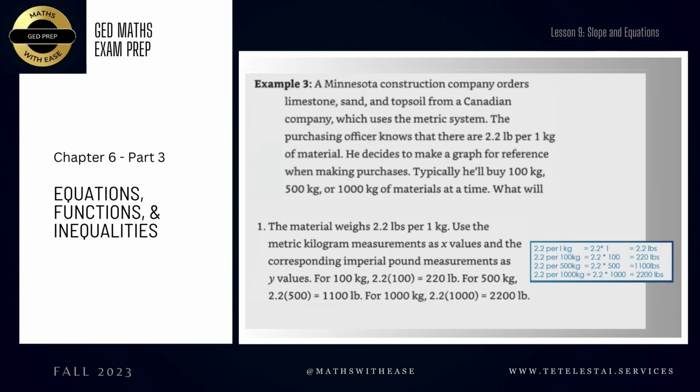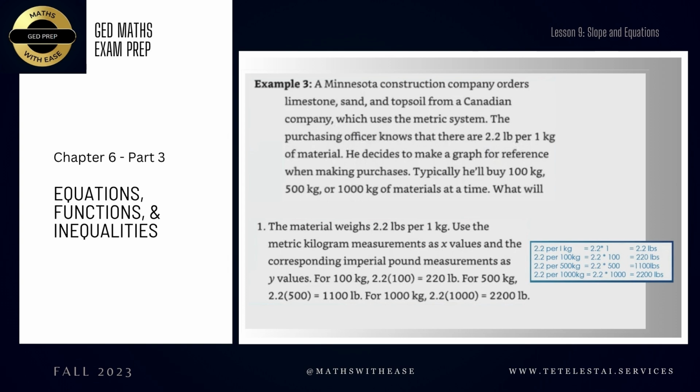Because this is the universal standard that's been established, that 2.2 pounds is equal to 1 kilogram. So the purchasing officer knows that there are 2.2 pounds per 1 kilogram of material.